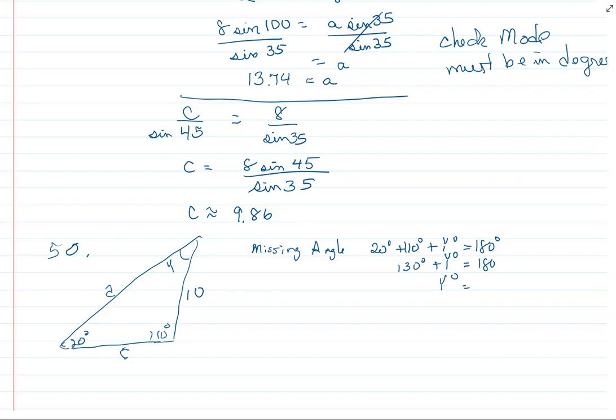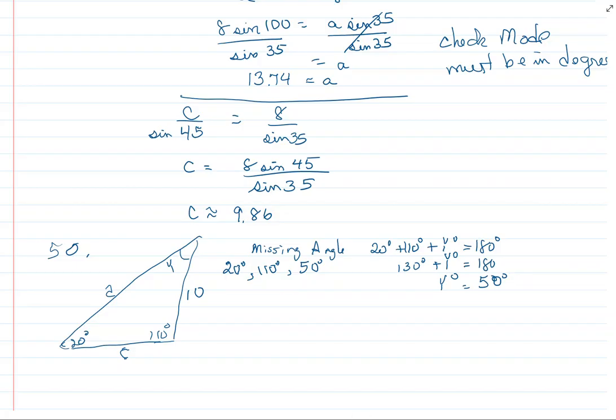So I have all 3 angles: 20 degrees, 110 degrees, and 50 degrees. All right, so I got all my angles. Now I'm going to use law of sines. And I'm given this one.